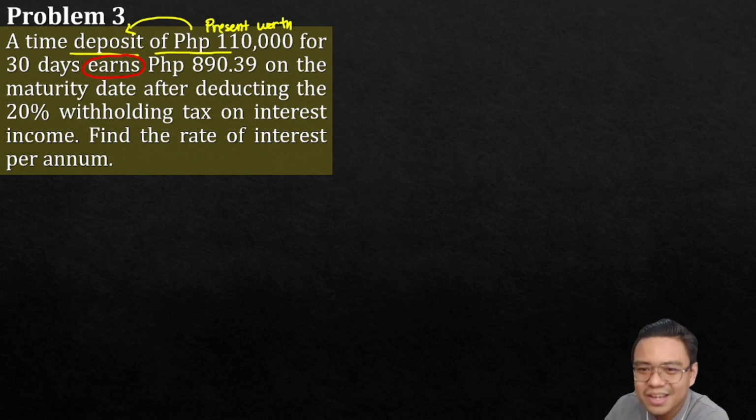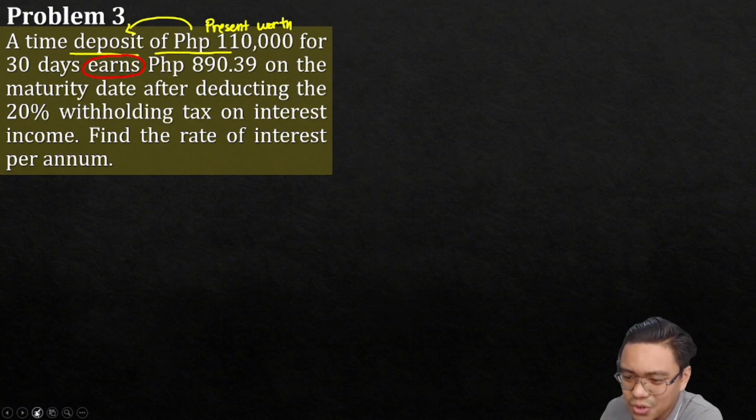Meaning to say, I am dealing here with a present worth. So, it actually gives you an idea. If you're going to break this down, I'm going to show you how to understand the construct of the sentence here.